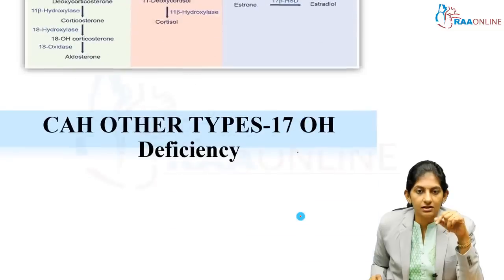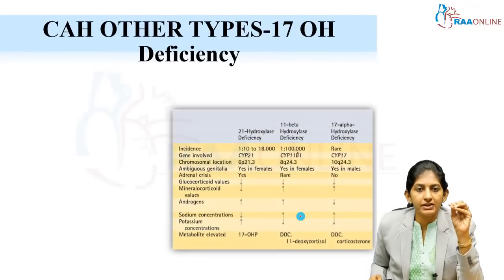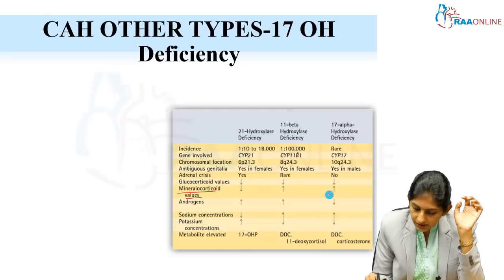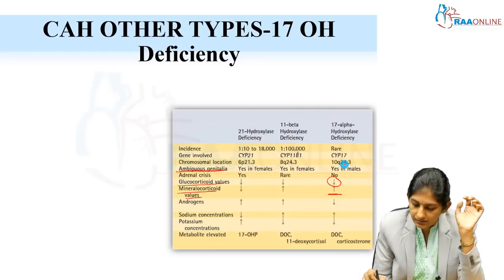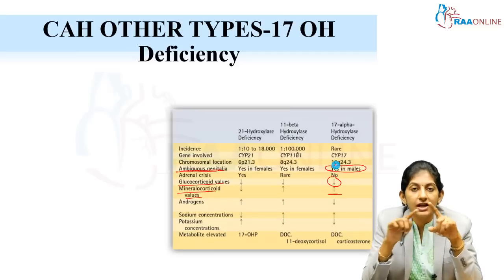So, we will see this now. The overview I am telling you: because of 17-alpha-hydroxylase deficiency, the mineralocorticoid values will be high, glucocorticoid will be less. Ambiguous genitalia will not be present in females, but it will be present in which gender? It will be present in males because we don't have adrenal androgens.